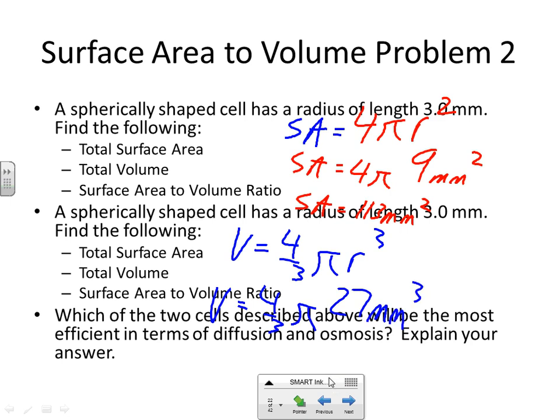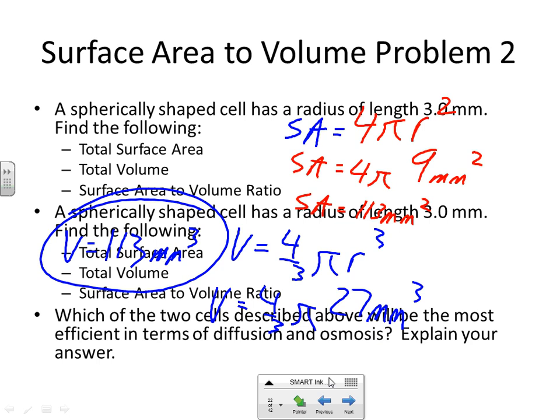So now we multiply that out. 27 times 4 divided by 3 times 3.14. And we get, kind of strange, 113 again. Which means our surface area to volume ratio is what? 1. 1 to 1. Is this cell going to be good at diffusion or osmosis?